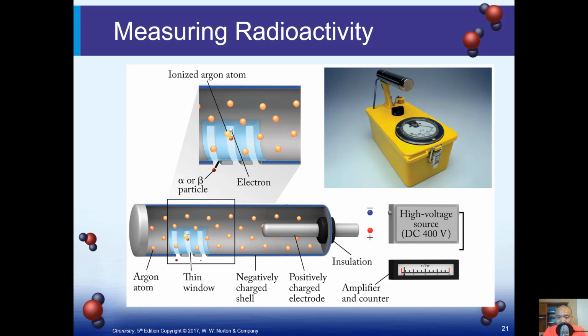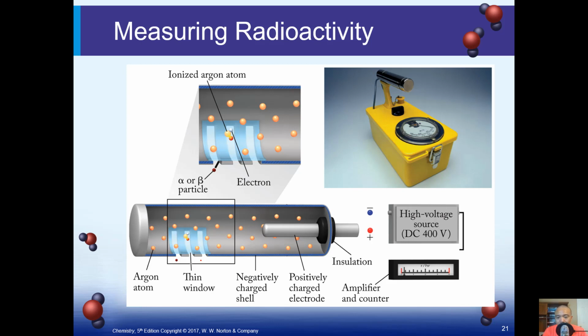Another detection method is the scintillation counter. Compounds called phosphors absorb energy released during radioactive decay and then release the energy as visible light that can be detected by a photodetector. The greater the amount of radiation, the more intense the light emitted by the phosphor-containing substance.